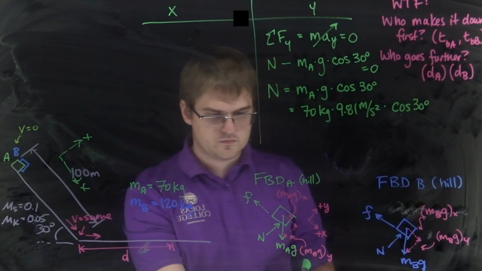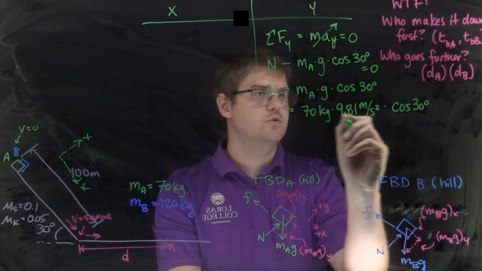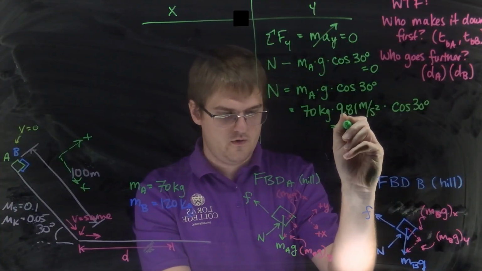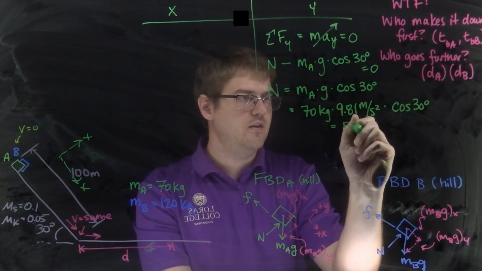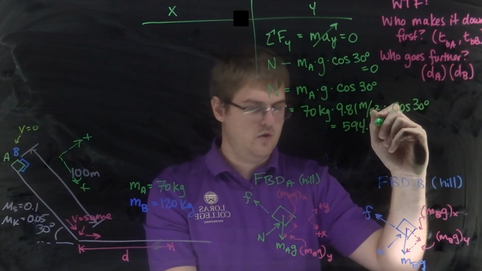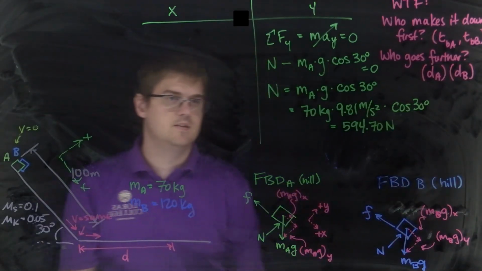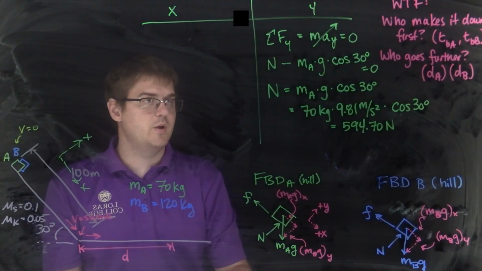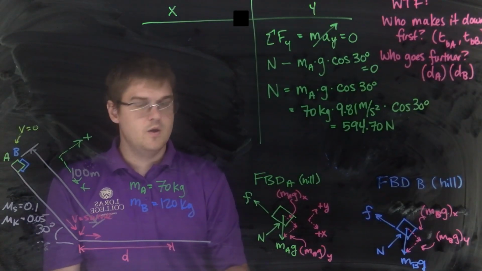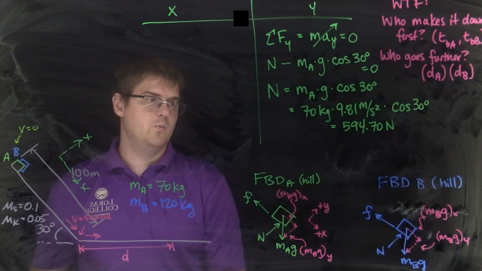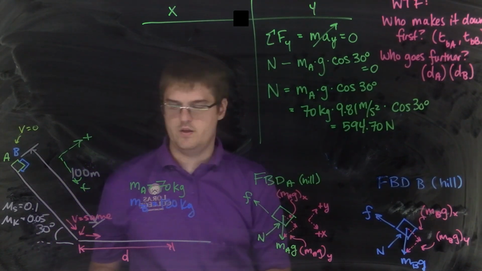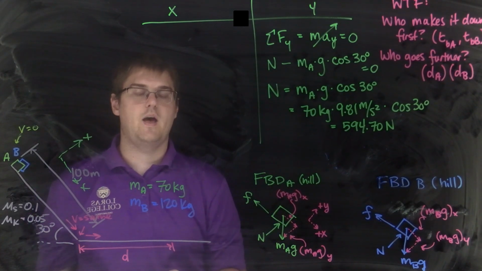And that comes out to 594.70 newtons. Boom. There we go. Now that we have our normal force, we can move on and talk about what's happening in the x.